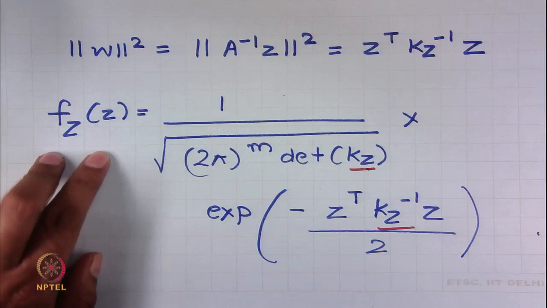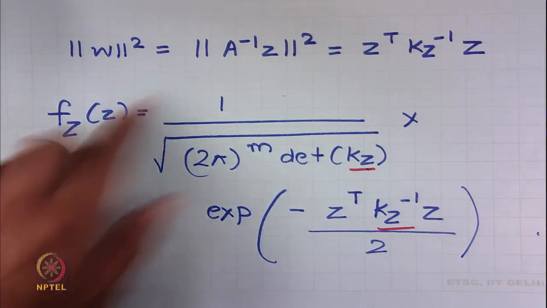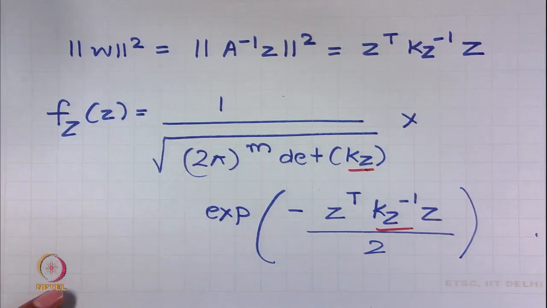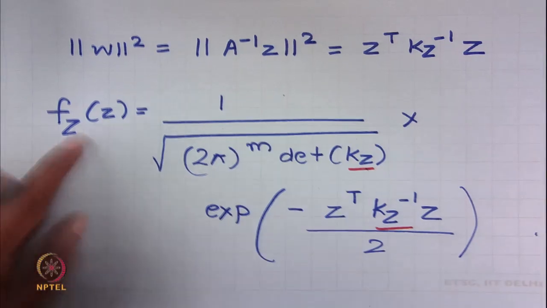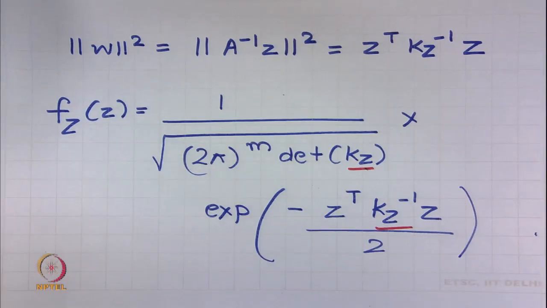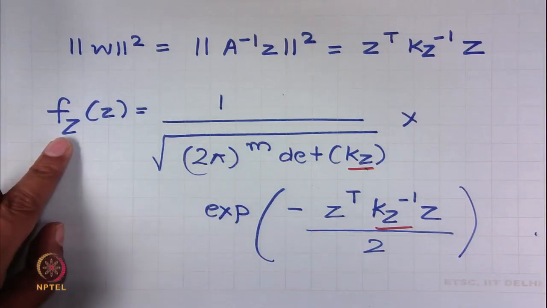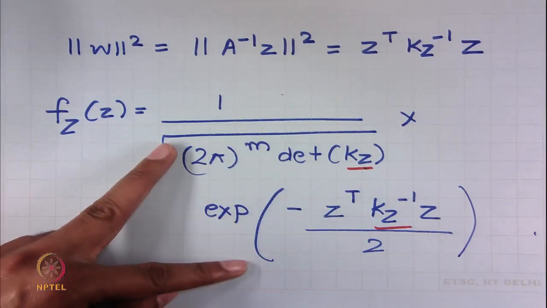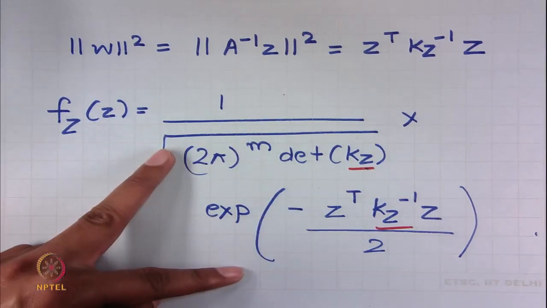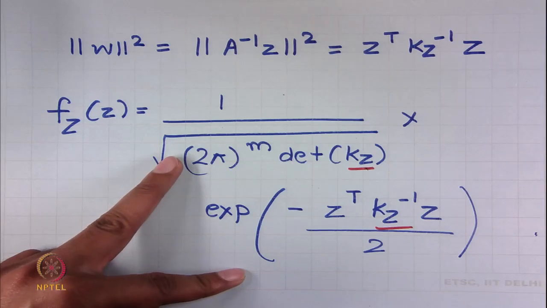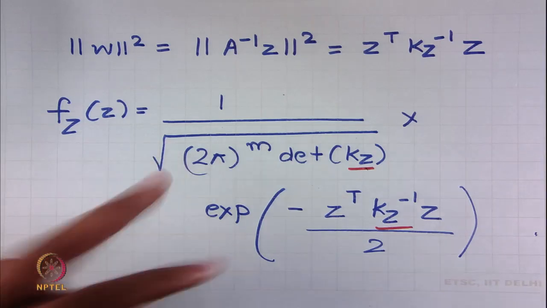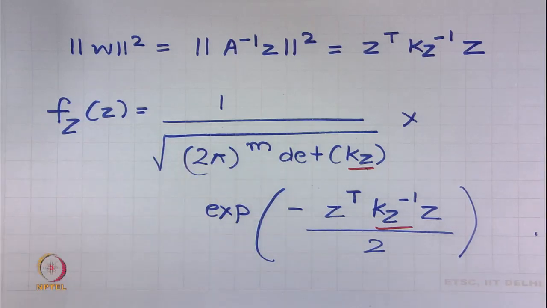So, what we are saying is, if a random vector has such a joint probability density function, then that random vector is a Gaussian random vector. Okay. If it is a Gaussian random vector, this should be the probability density function. If this is the joint probability density function of that random vector, then that random vector involved is a Gaussian random vector.